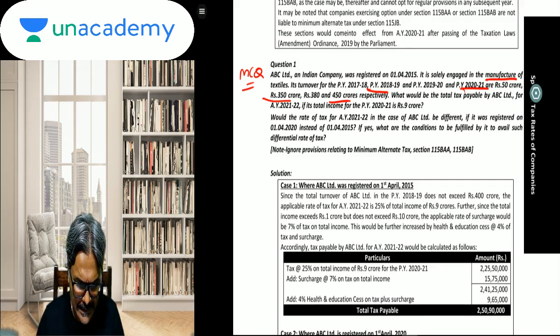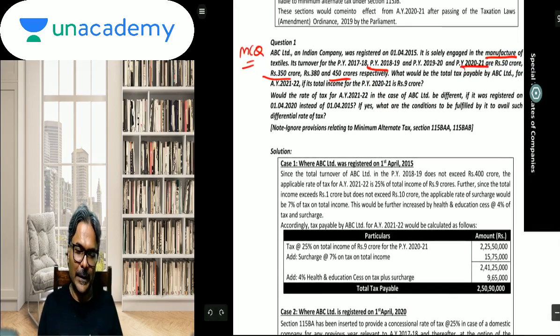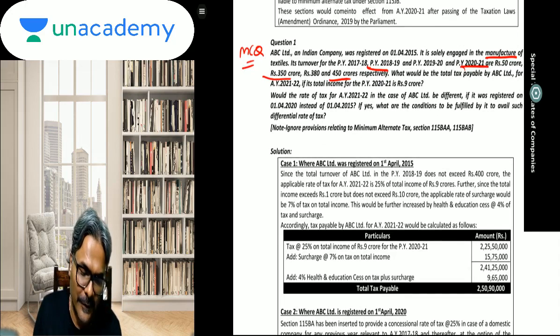So what it says: ABC Limited, an Indian company, was registered on 1st of April 2015.